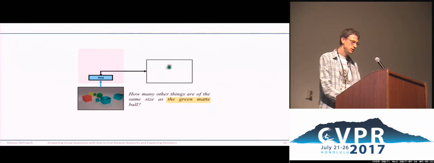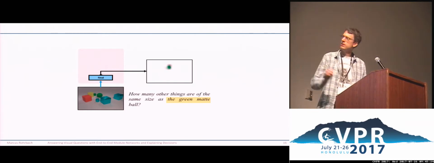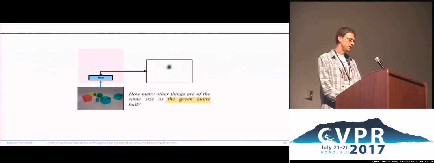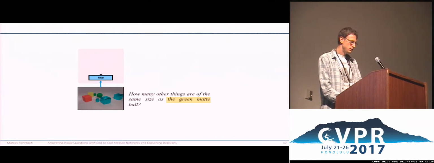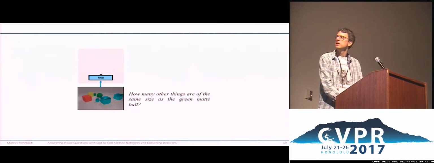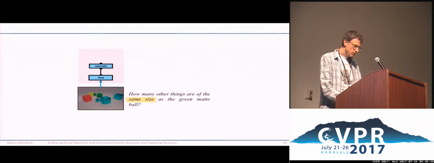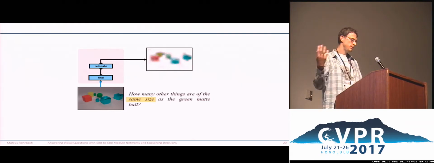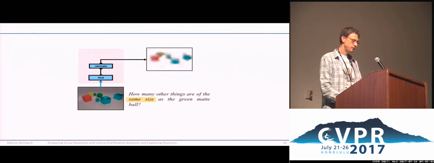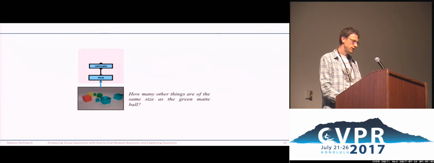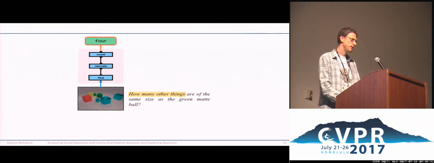And given this attention, we then do the next step and look for things which are of the same size. Again, we basically attend to all the regions which are of the same size, and then we can finally count them to answer how many other things there are. And in this case, we get it correctly.